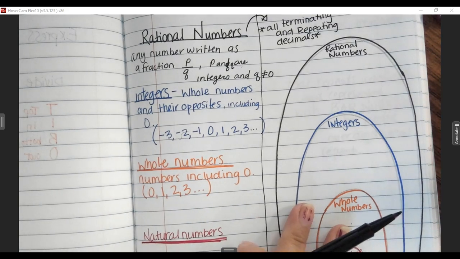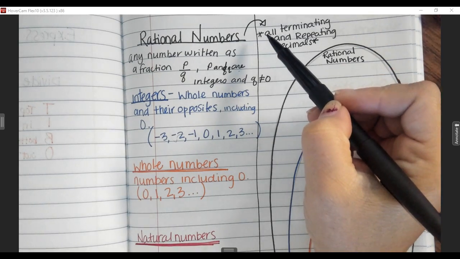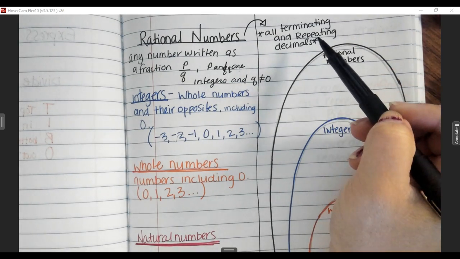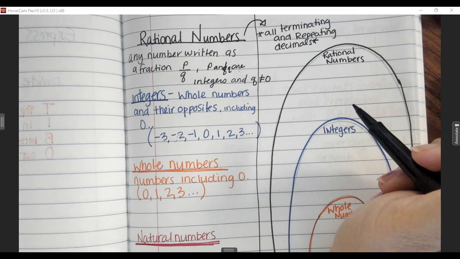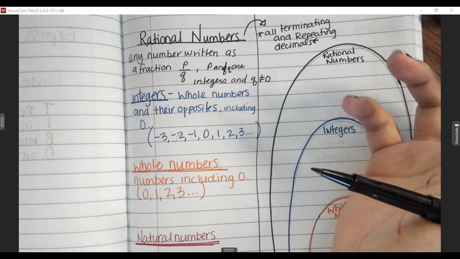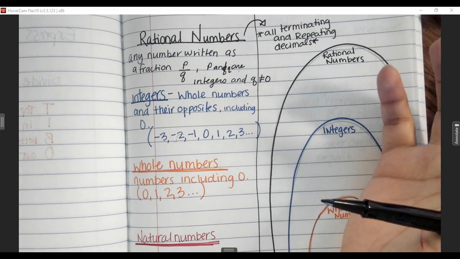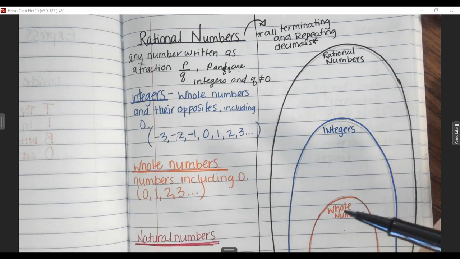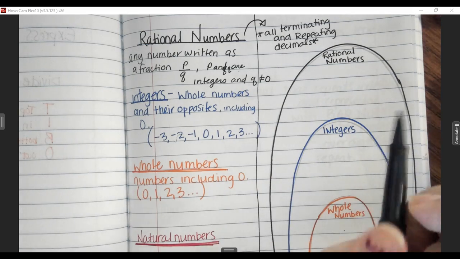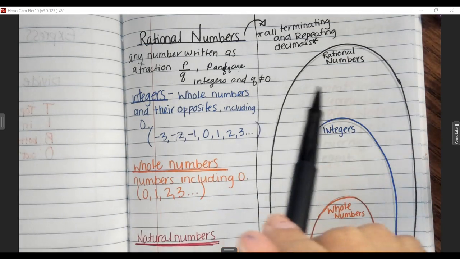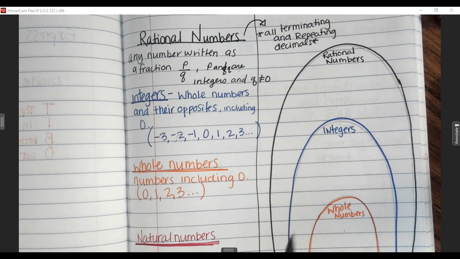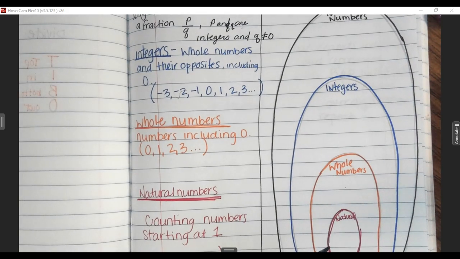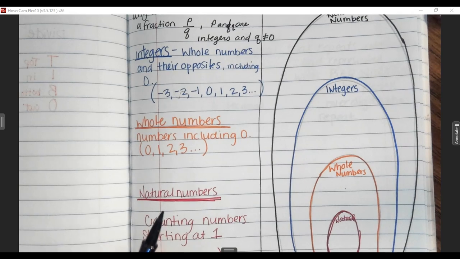And one thing you're going to know is that all terminating and repeating decimals are also considered rational numbers. So basically, rational numbers is almost any number. Later on, as you progress into your math, you're going to learn about irrational numbers, but that won't come until later. So right now, we have rational numbers, integers, whole numbers, and natural numbers. So those are the things we're going to look at.